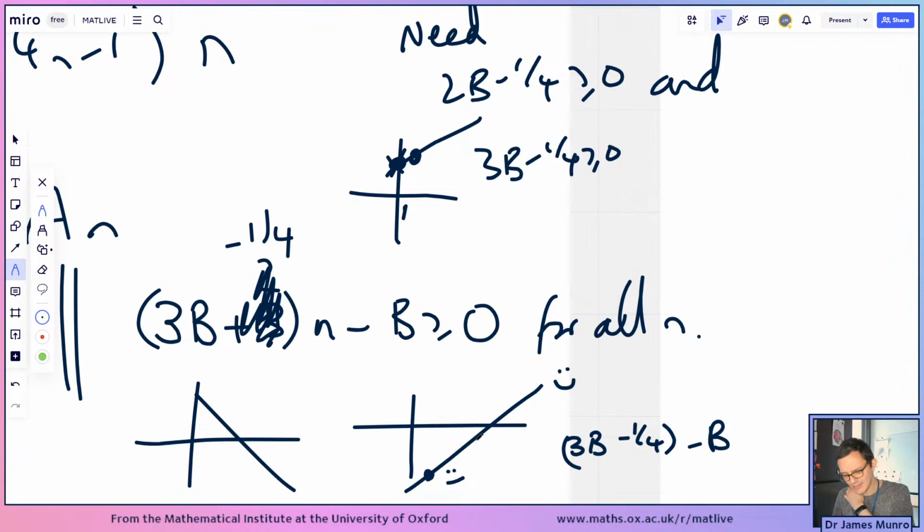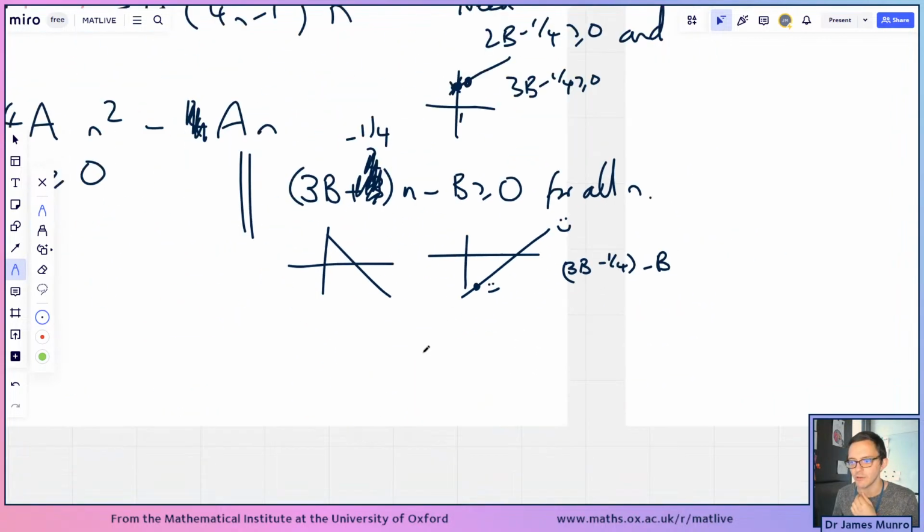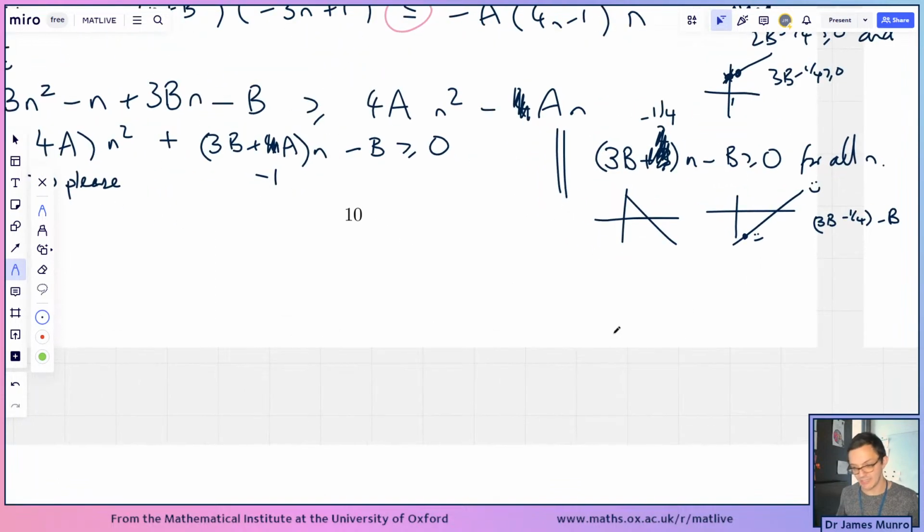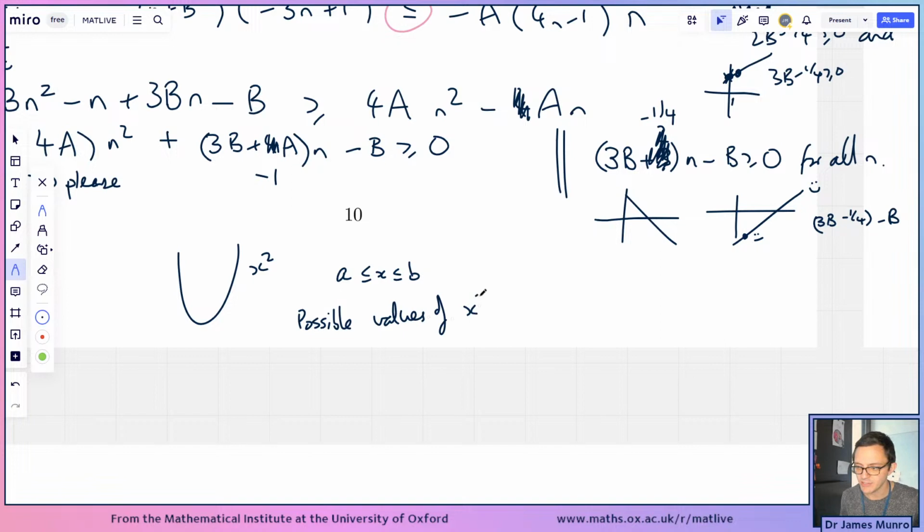This is quite technical. This comes from thinking about a function on a restricted range. There's a bit of fun you can have here. So here's a general follow-up exercise that you might like. You're very familiar with the function x squared. I'd like you to take some sort of interval, like a, let's think of x, let's think of b, and I would like to know the possible values of x squared.